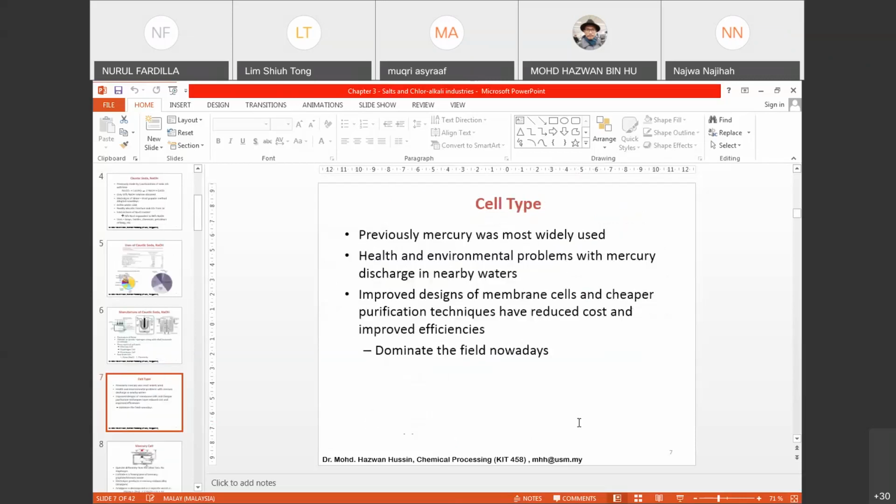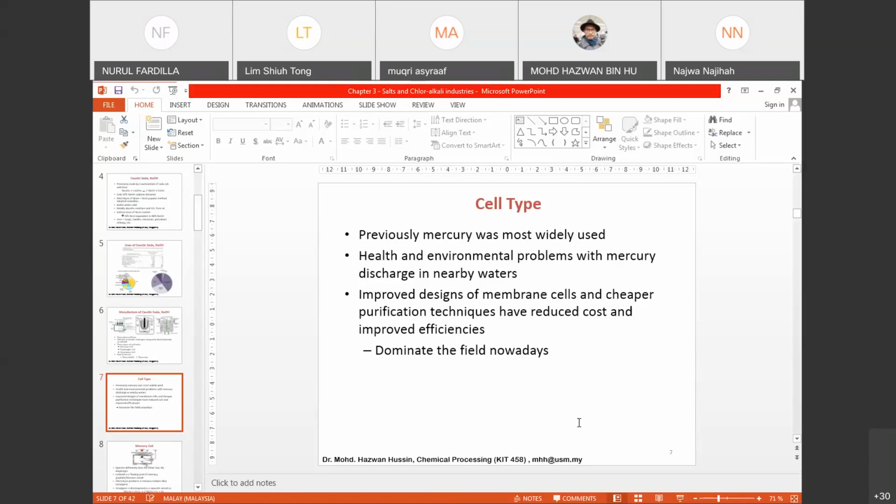For the cell type, mercury was previously the most widely used. Due to health and environmental problems, with mercury discharged into nearby waters, this required an improved design of the membrane cell and cheaper purification techniques that reduce cost and improve efficiency.